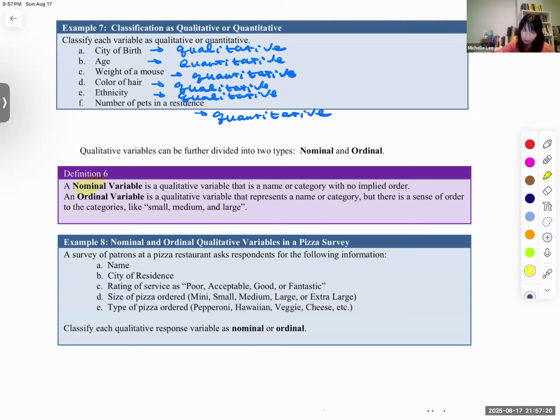So two types. Nominal, think about name or category, no implied order.